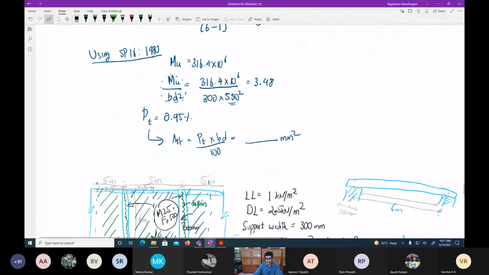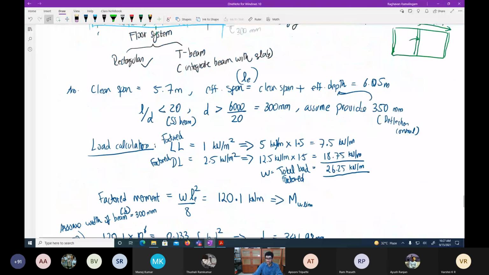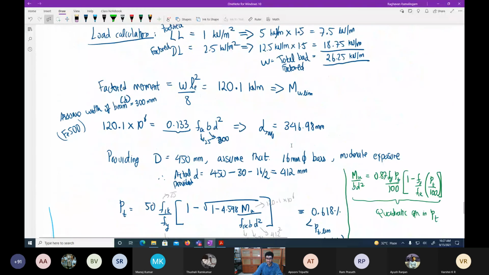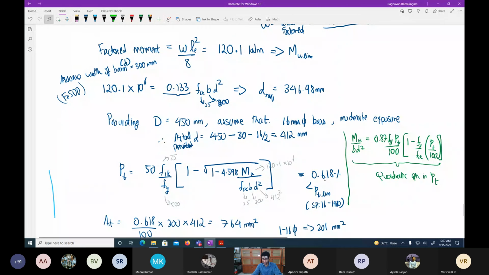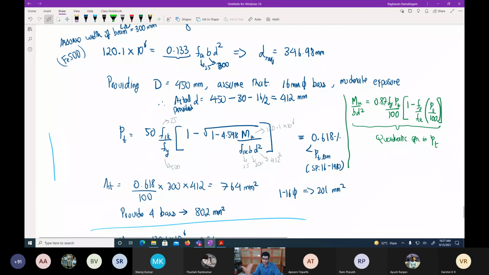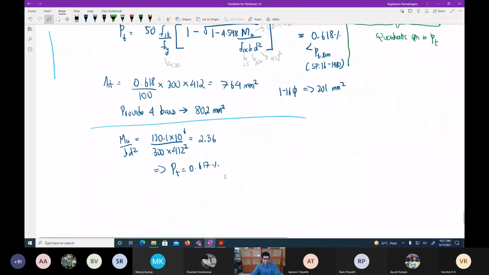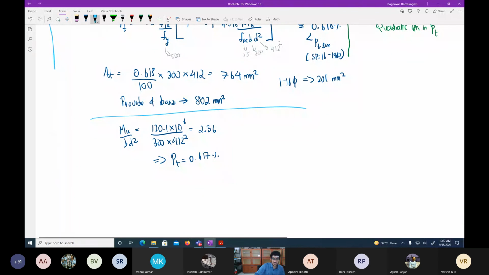So when you find the effective depth, make it a little bit larger so that you do not have the issue of becoming over reinforced after the provision of AST. It's always a good idea to provide a slightly bigger section than what was mentioned. Then you always end by drawing the cross section of the beam.